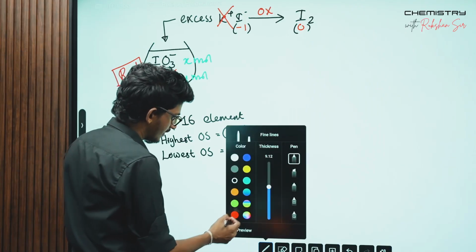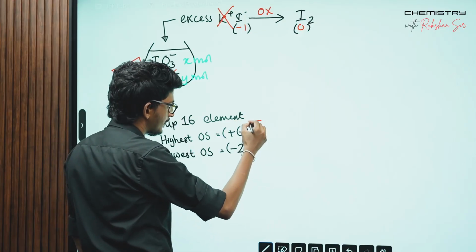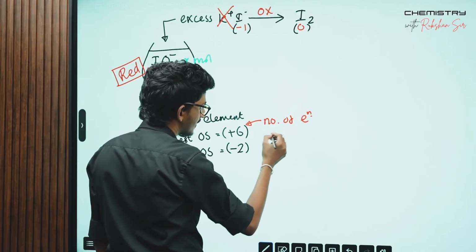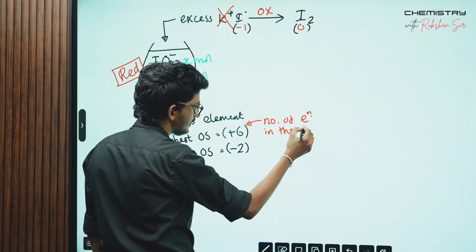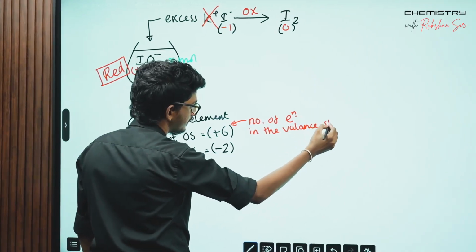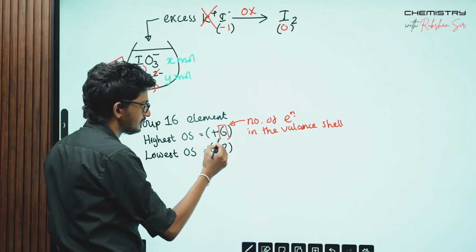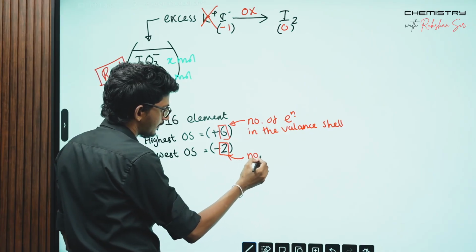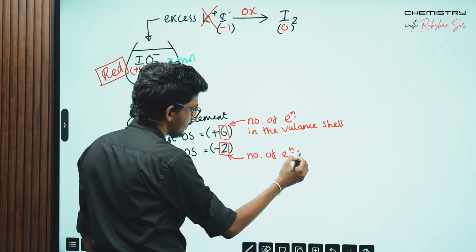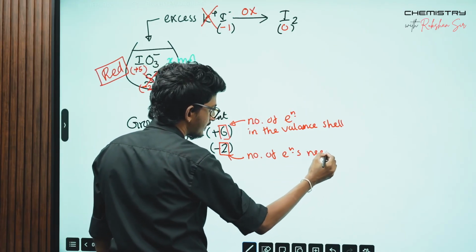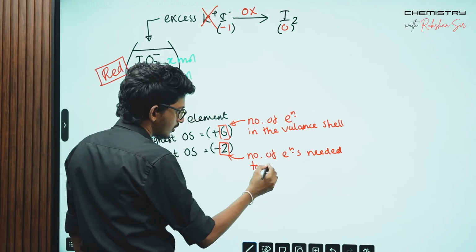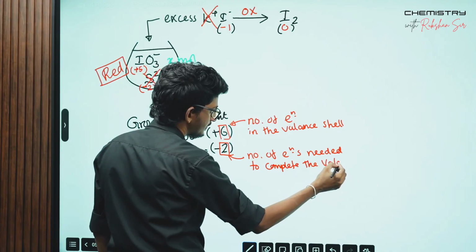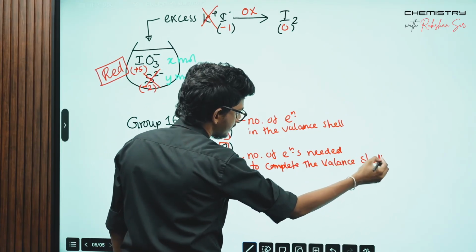So this 6 is the number of electrons in the valence shell, and 2 is actually the number of electrons needed to complete the valence shell, right?